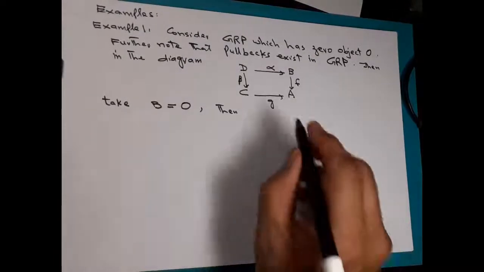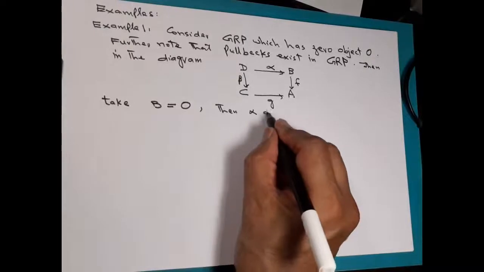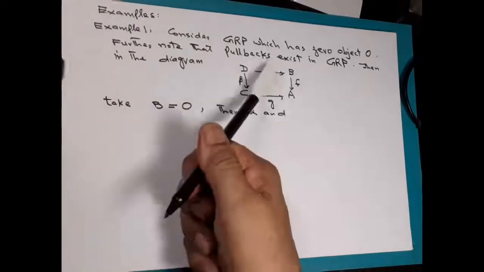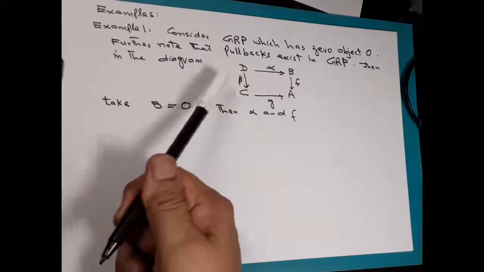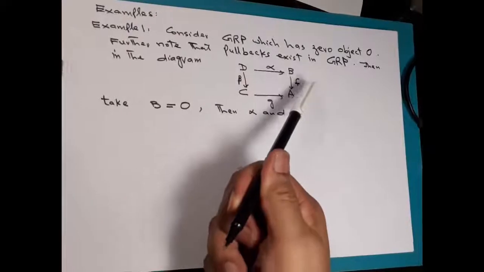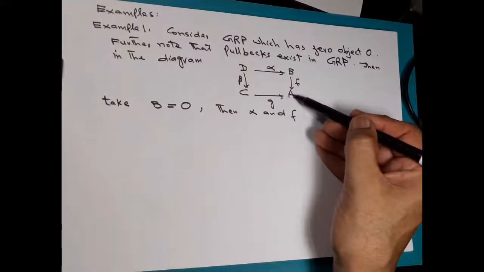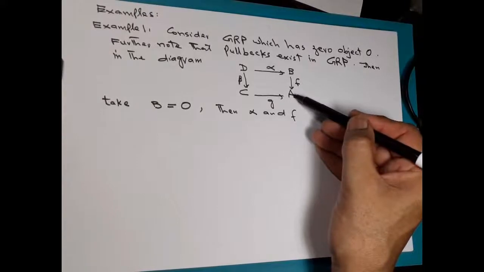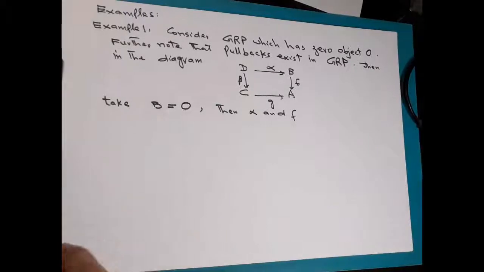Then alpha and F, these two maps. Alpha is the map going from D into the zero object, and F is the map going from the zero object to the object A, and these are very familiar unique maps.